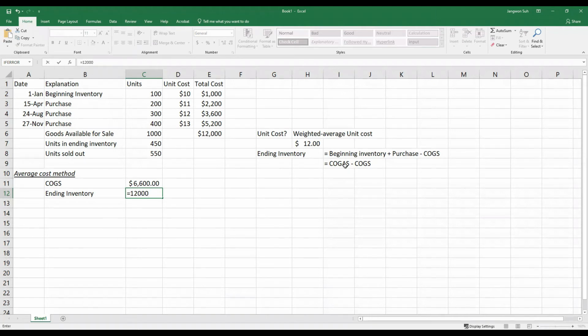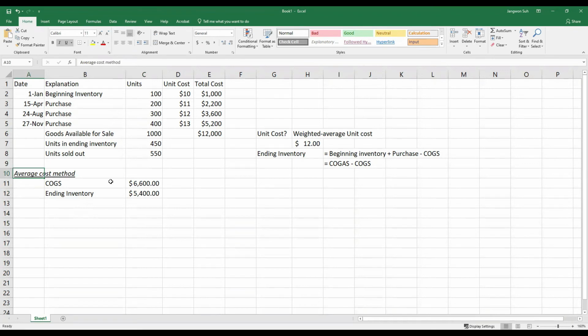Your ending inventory is nothing but 12,000 minus cost of goods sold, which is $5,400. Indeed, this method is one of the methods accepted by accounting standards, generally accepted accounting principles, the US. Okay, this is one of the methods allowed.